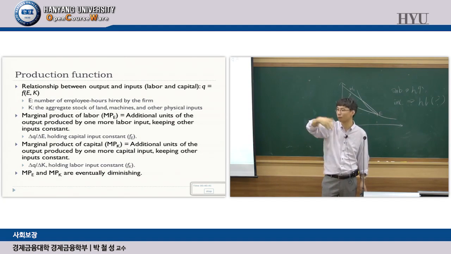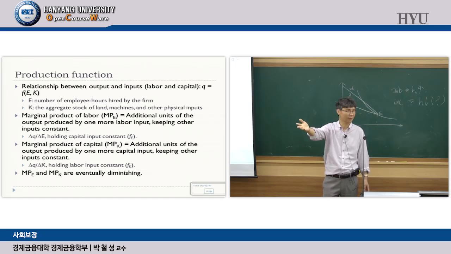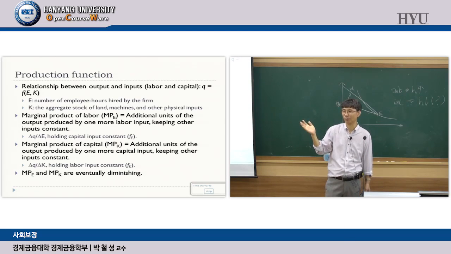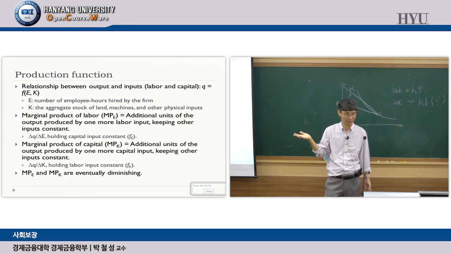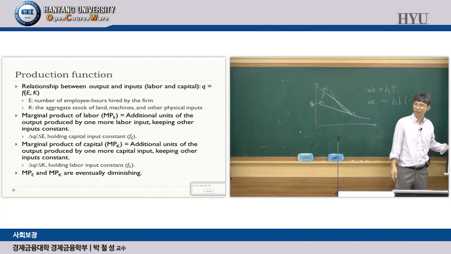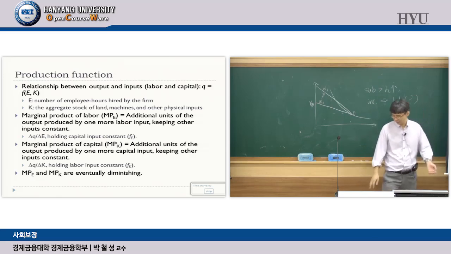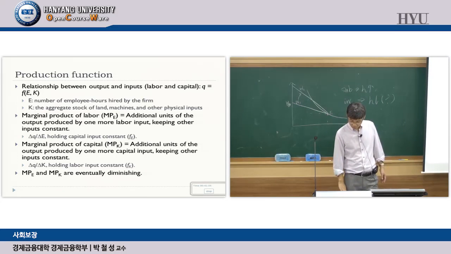But in the real world, there are big companies, but we don't have infinite-size companies. A lot of companies are actually much smaller. So in a way, it's evidence that MPE or MPK must be diminishing at some point. So anyway, we can assume that MPE and MPK are eventually diminishing.